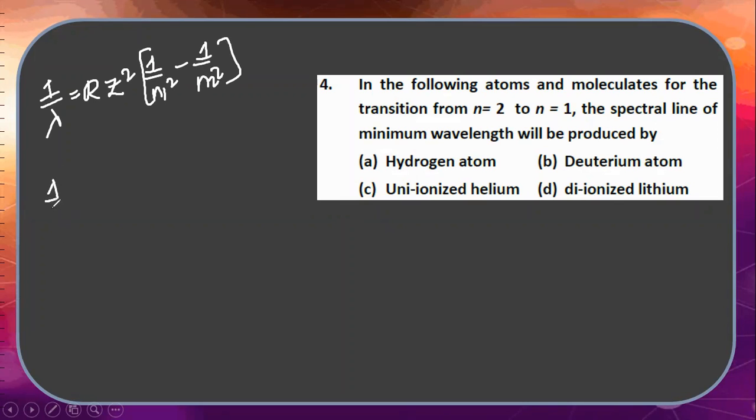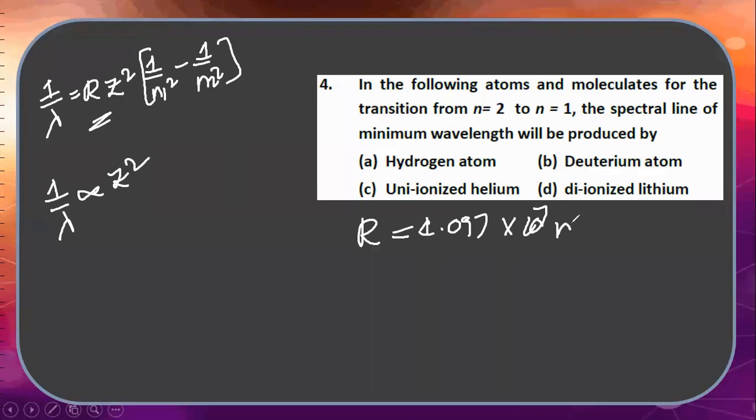Here 1 by lambda is proportional to z square. R is called the Rydberg constant, R is 1.097 into 10 power 7 per meter. So whose atomic number is more, for that the minimum wavelength will come. This is doubly ionized lithium atom. Its atomic number is more, so the minimum wavelength will be emitted.